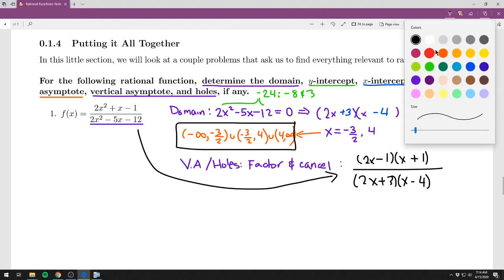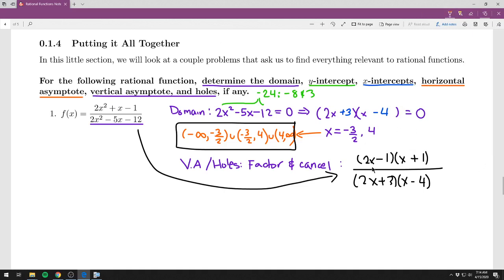But the thing to notice here, we factored it. There are no factors in common. So nothing cancels, which means there are no holes. Holes come from what cancels.